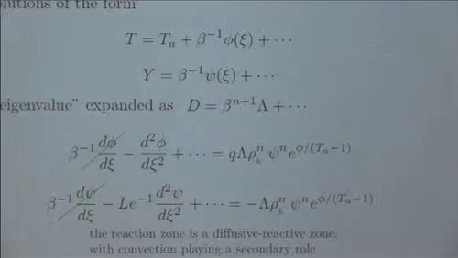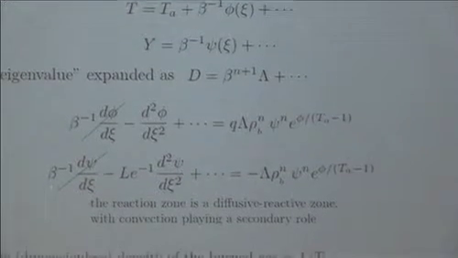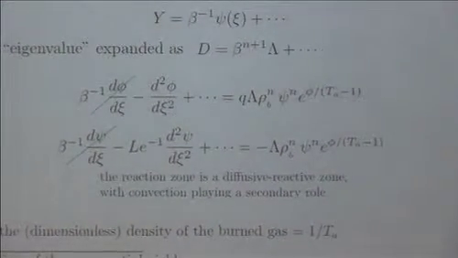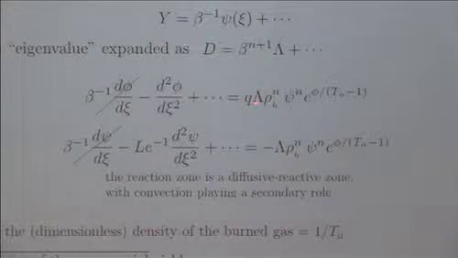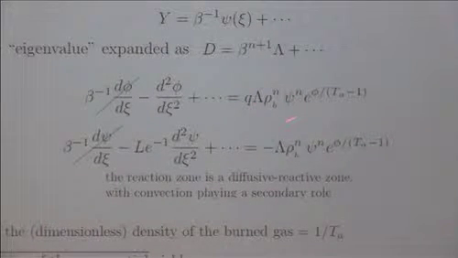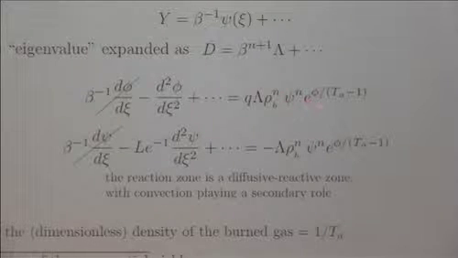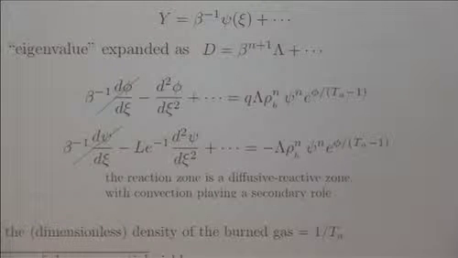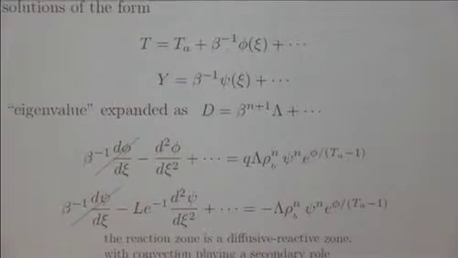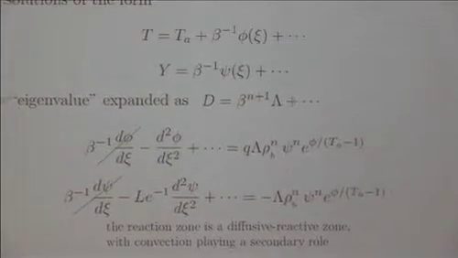And what balances diffusion is the reaction term, with rho b essentially the density at the reaction zone, which is the burnt value. So that's a constant. The mass fraction of the reactant is psi, and the exponential temperature term, after you substitute for T minus T adiabatic as beta minus 1 phi, is essentially proportional to e to the phi, divided by a constant.